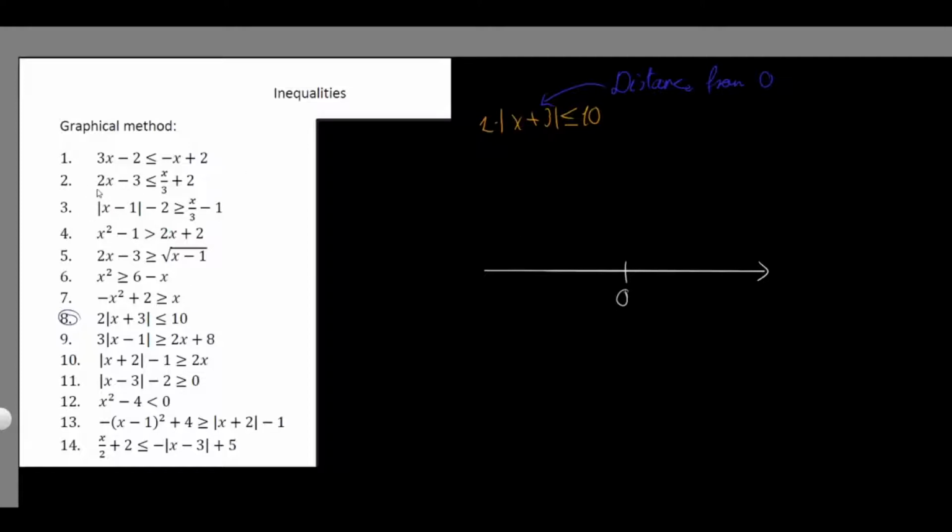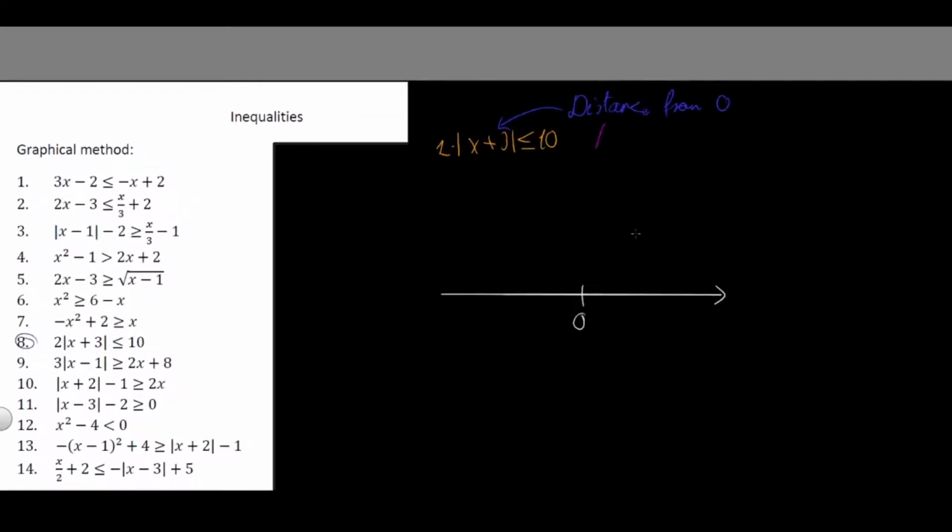So let's make a few changes in the inequality equation. Let's divide by 2 because we have a multiplication by 2. Let's divide by 2 on both sides, don't forget about that. And if you do that, you will be left with the absolute value of x plus 3 on the left hand side, which is still less than or equal to 5 because 10 over 2 is 5.